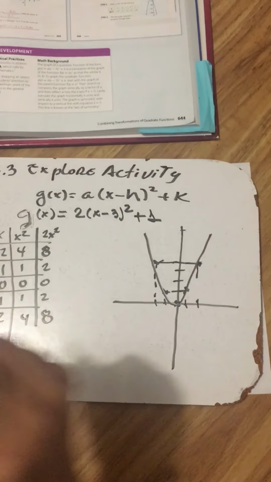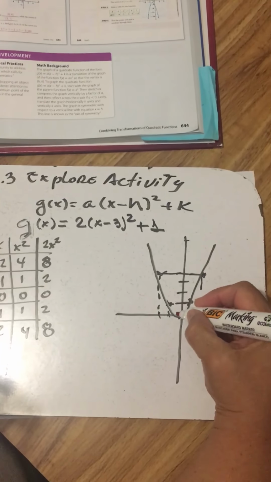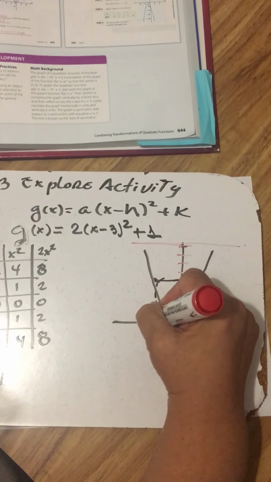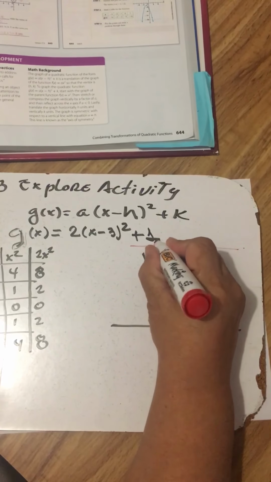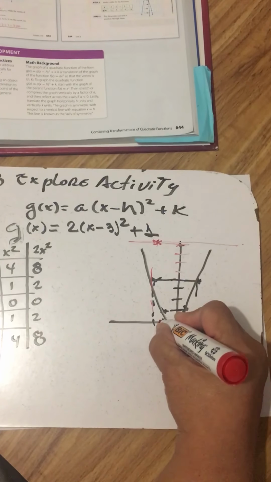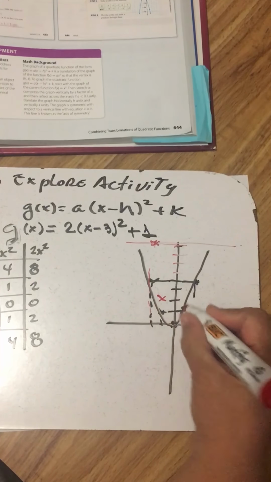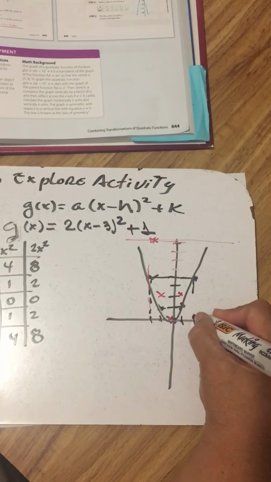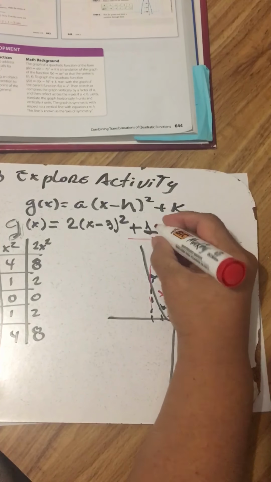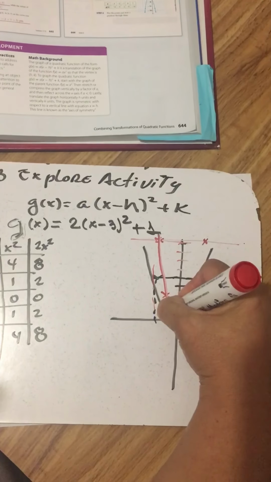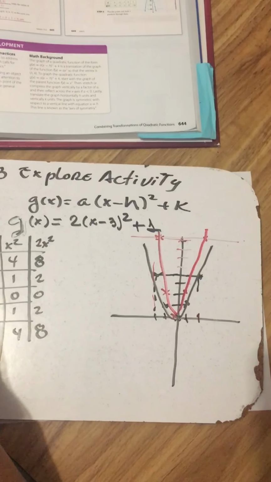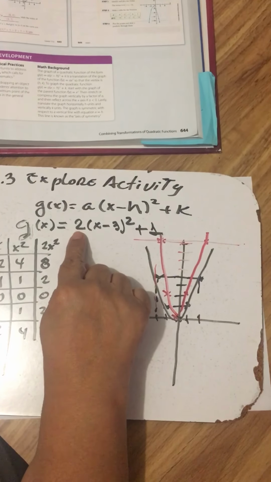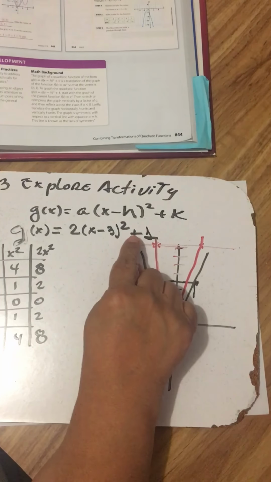Now we're going to do the 2x squared: minus 2 and 8, minus 1 and 2, 0 and 0, 1 and 2, and 2 and 8. We obtain this graph.